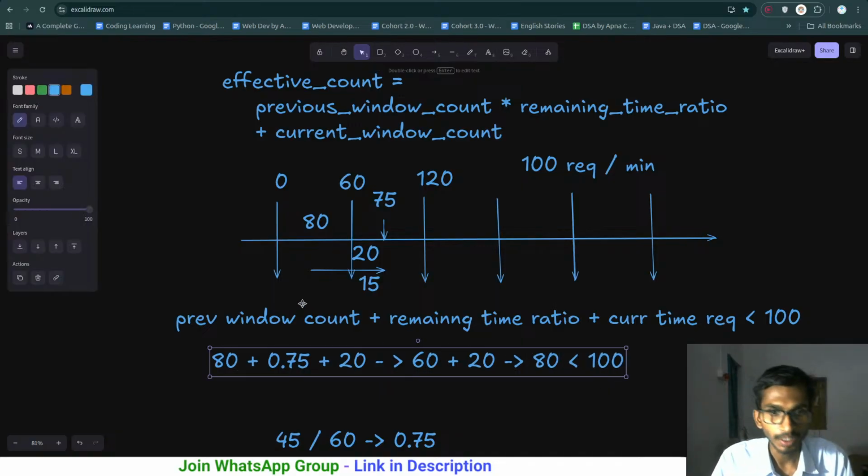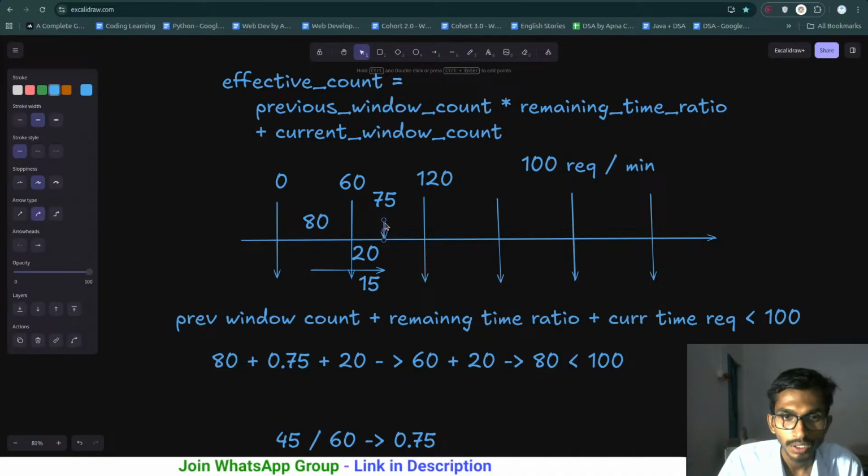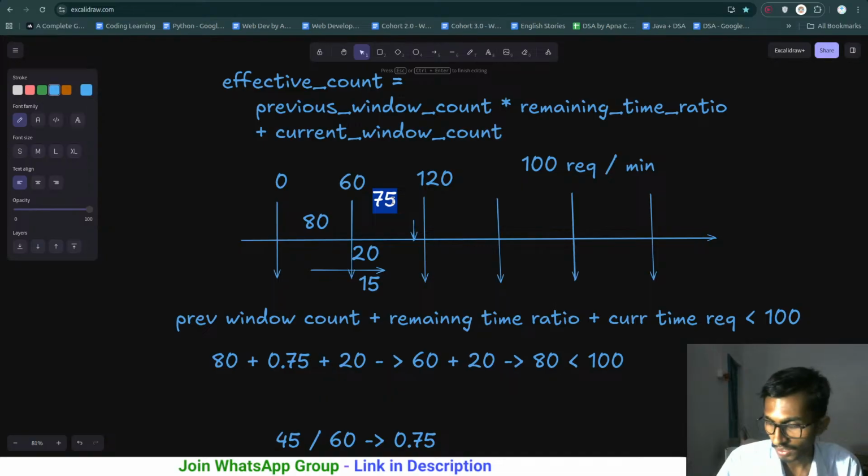Let's try to change the numbers. Suppose the time is 110 seconds. At 110 seconds I got the request, and suppose I got, for example, 90 requests.